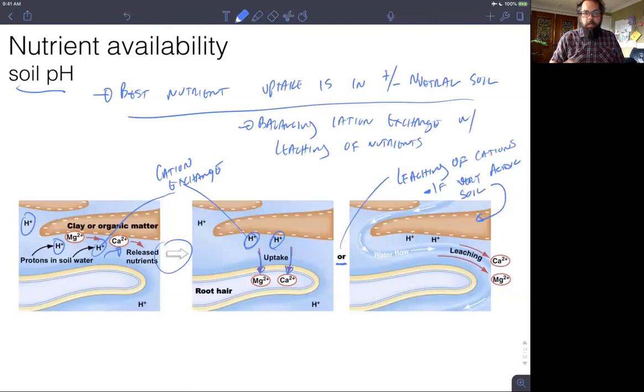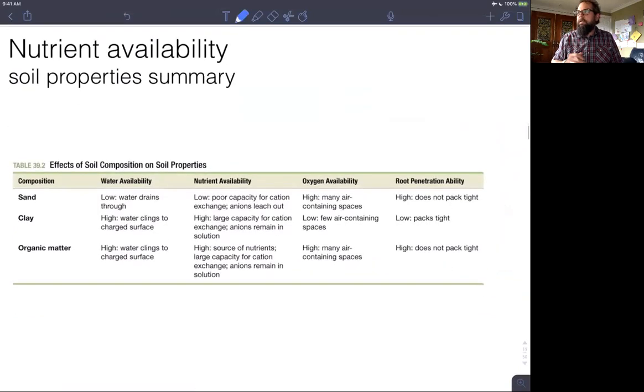Okay, so I'll end here with just a short summary on soil properties and their effect on nutrient availability.